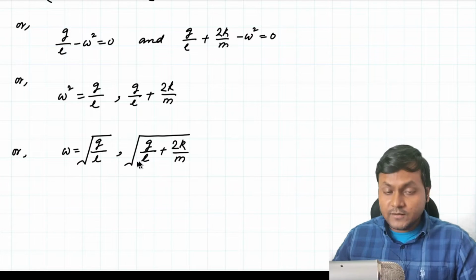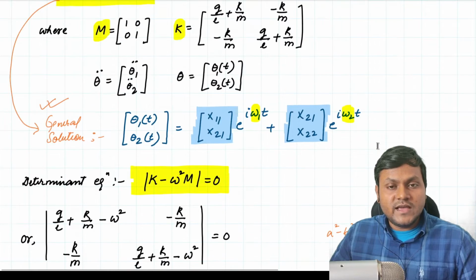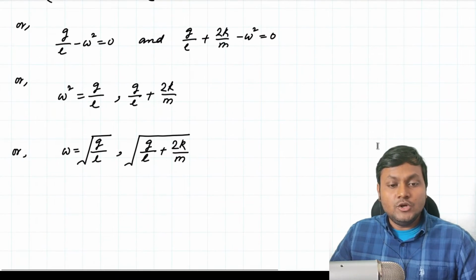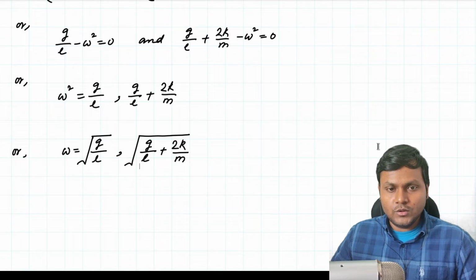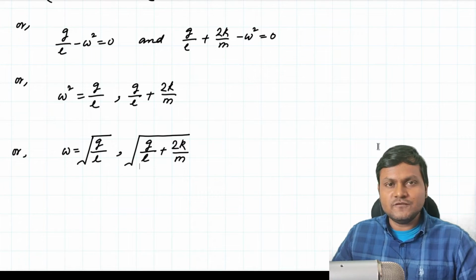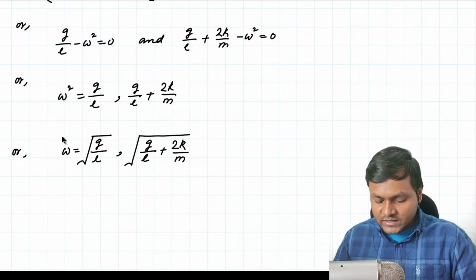So these are the eigenvalues of this determinant equation, and they correspond to what is known as normal frequencies. Now I'm going to come to that probably by the end of the video, where I'll show you that the general solution is actually a linear combination of two distinct frequencies, and these are those two distinct frequencies.